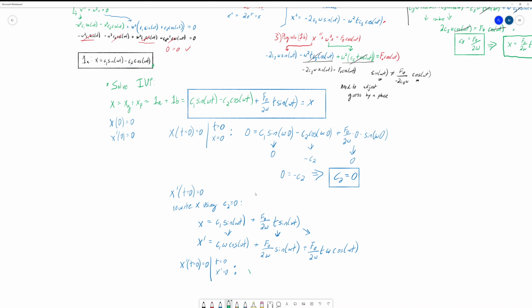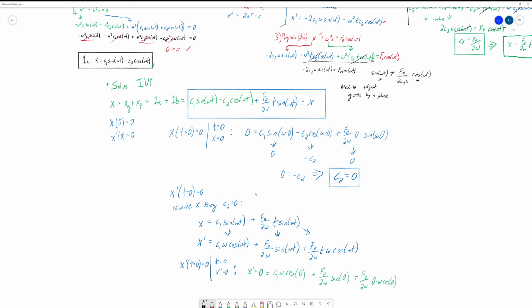So we have x prime equals 0, which is going to equal c1 omega cosine of, I'm just going to omit the omega in here and just write 0 because omega times 0 is 0, plus f naught over 2 omega sine of omega t, which is just 0, and plus f naught over 2 omega times 0 times omega cosine of 0.